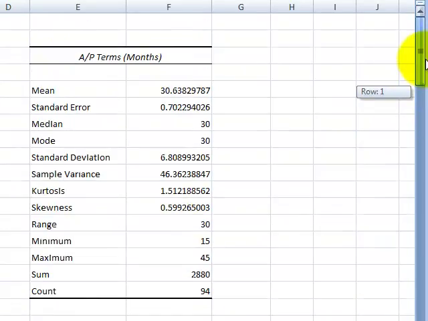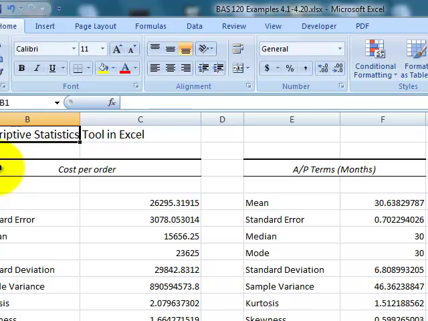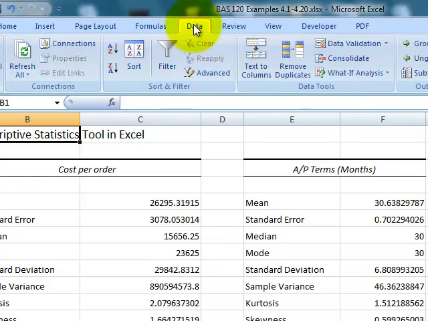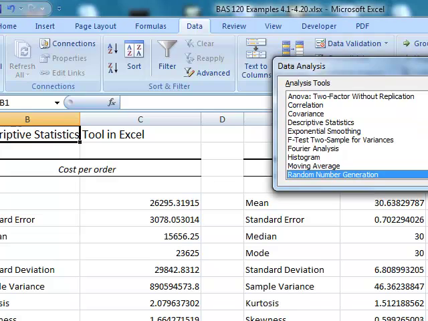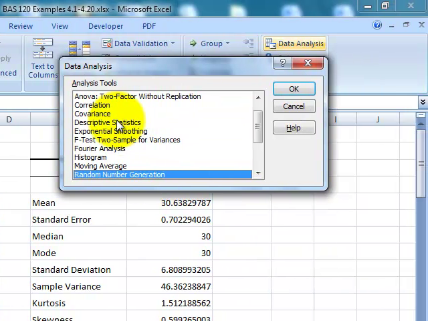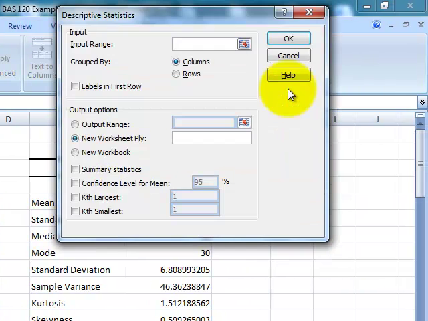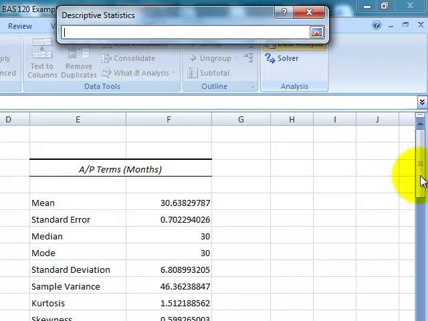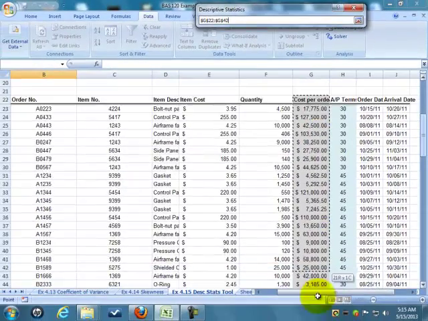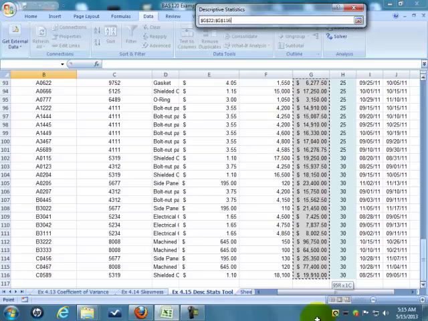If I want to know, and this is normally what you're going to do, I'd like to know all the descriptive statistics in Excel. Give them all to me. All you have to do is go up here to data, data analysis, make sure you have that add-in, and you say descriptive statistics, and you say okay. It's going to say, descriptive statistics for what range? Well, let's do it for all these purchase order values.